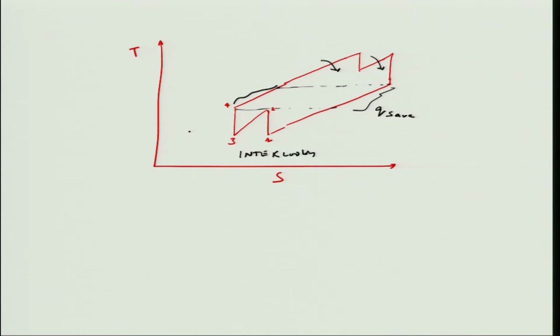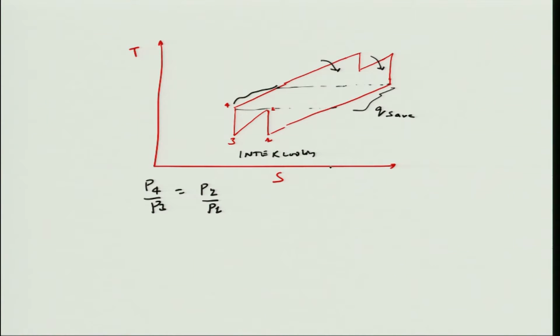Now, as we have discussed earlier, in order to have minimum work for the compressor, if you have a two-stage compressor, the pressure ratio should be maintained at each stage. That means P4 by P3 should be equal to P2 by P1.